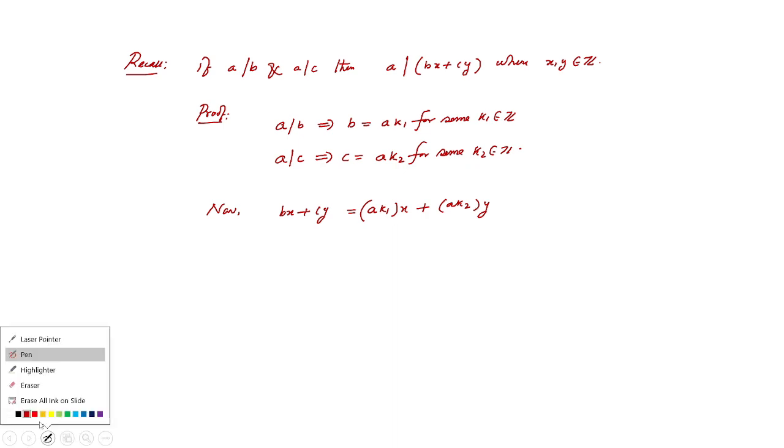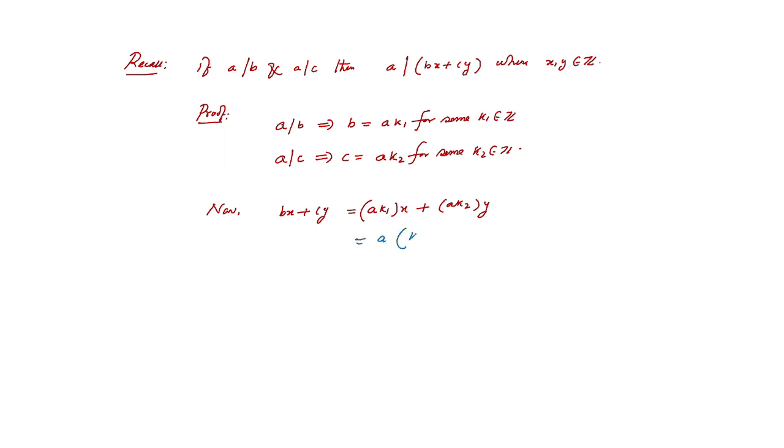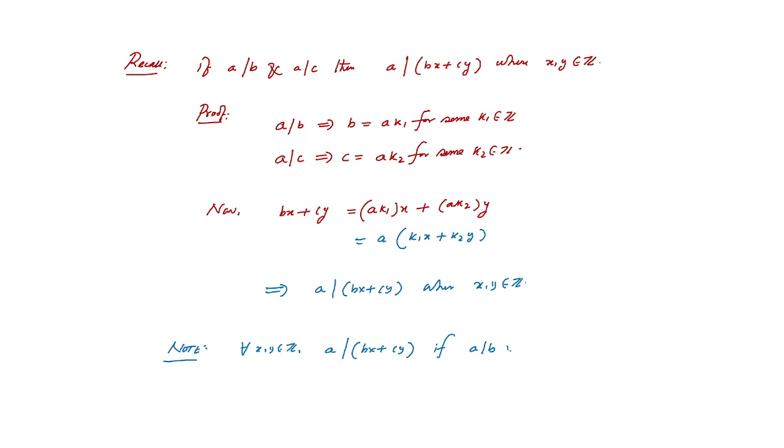From that we take a common, so that will be a(k1 x + k2 y), which implies a divides bx + cy, where x, y belong to Z. So in fact the note is that for all x, y belonging to Z, a divides bx + cy if a divides b and a divides c both.